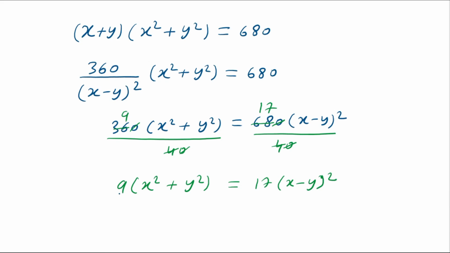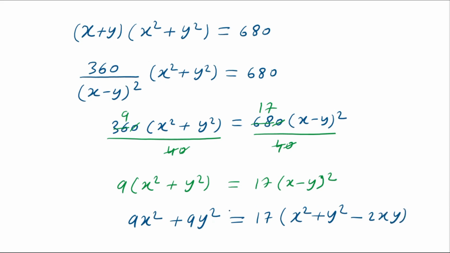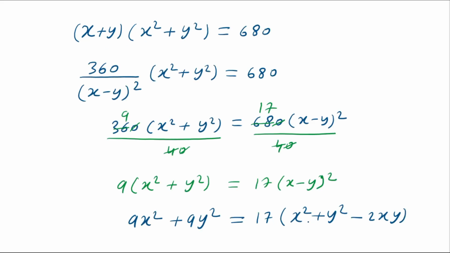On the left hand side, 9 is multiplied by (x² + y²), so here 9x² + 9y², and this equals 17 times (x − y) whole squared, which is x² + y² − 2xy. On the left hand side, 9x² + 9y², and this equals 17 multiplied by (x² + y² − 2xy).